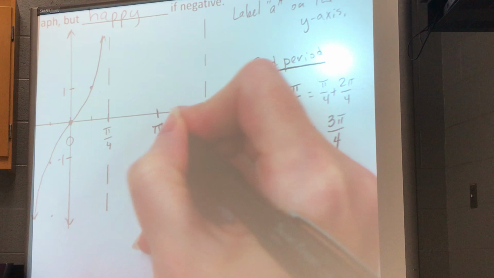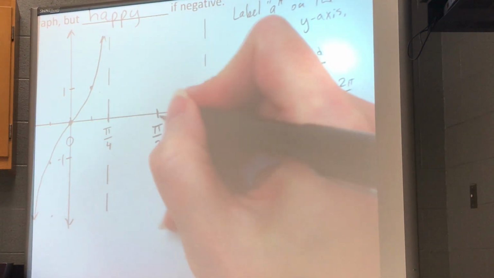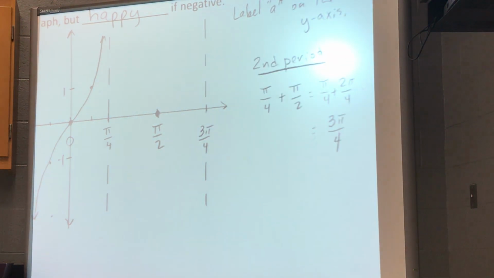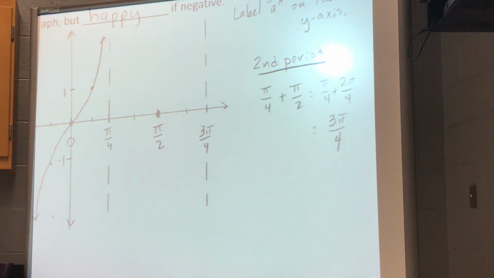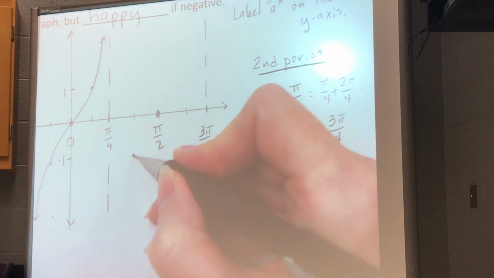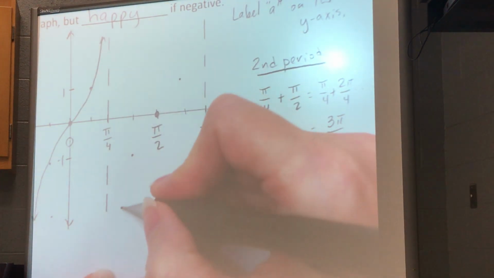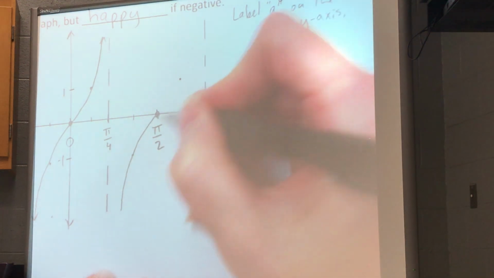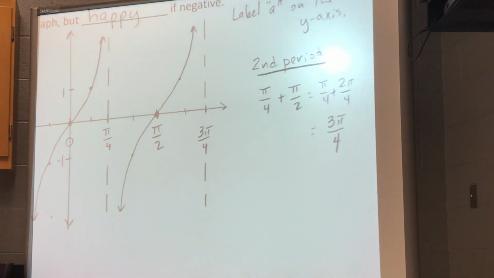So pi over 2. Alright, that's going to be my x-intercept. Alright, and then just for a little bit more guidance, I'm just going to put a tick mark there. I'm not going to find those points, but I'm going to put a little dot here, here, to help guide me. There's my second period.